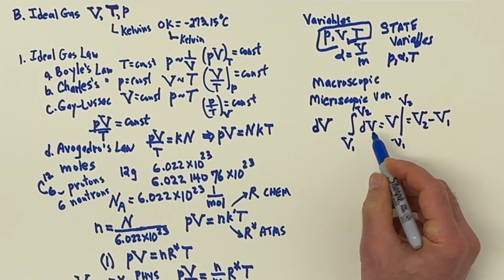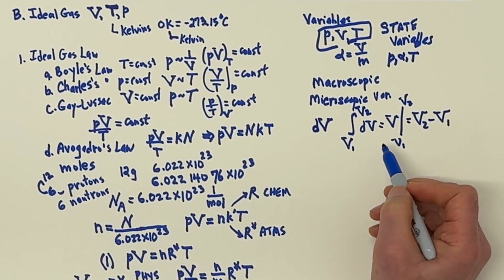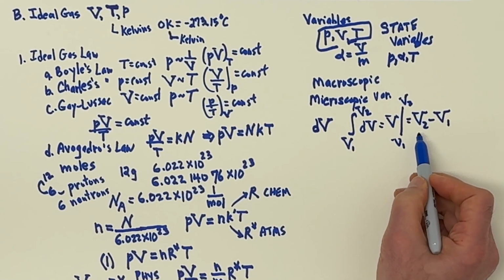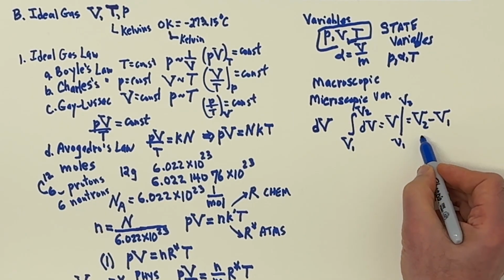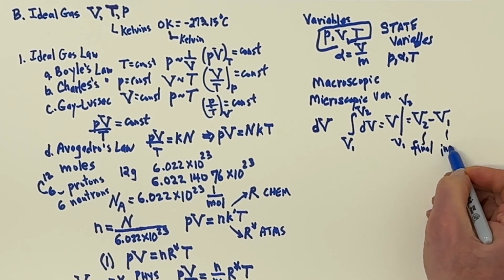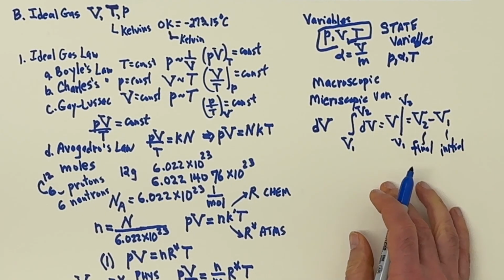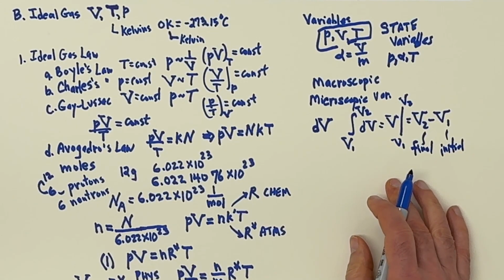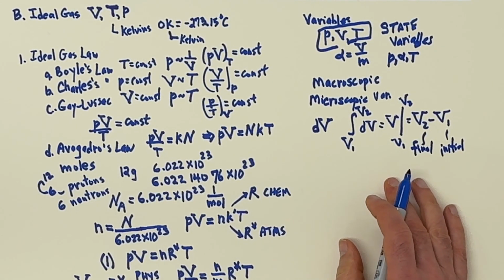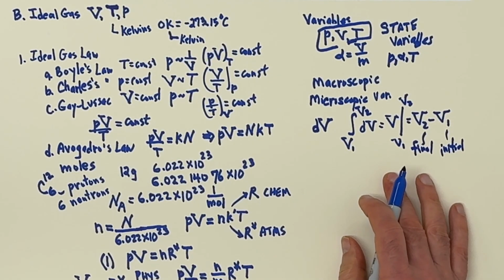In other words, the change in the volume after it expanded would be the difference of the final volume minus the initial volume. And you might say, well, this is obvious. Well, it is for the volume, but we're going to see in our course that there are things that don't work this way. And one's going to be when we transfer heat and when we do work.